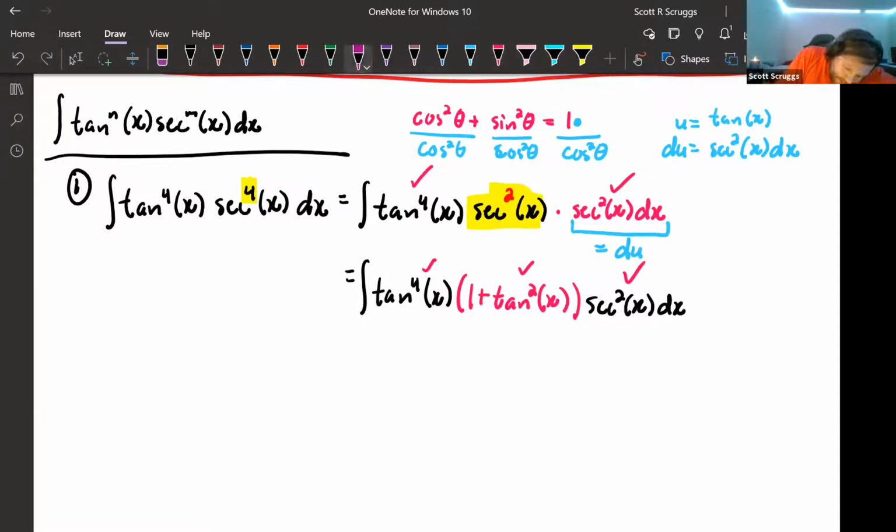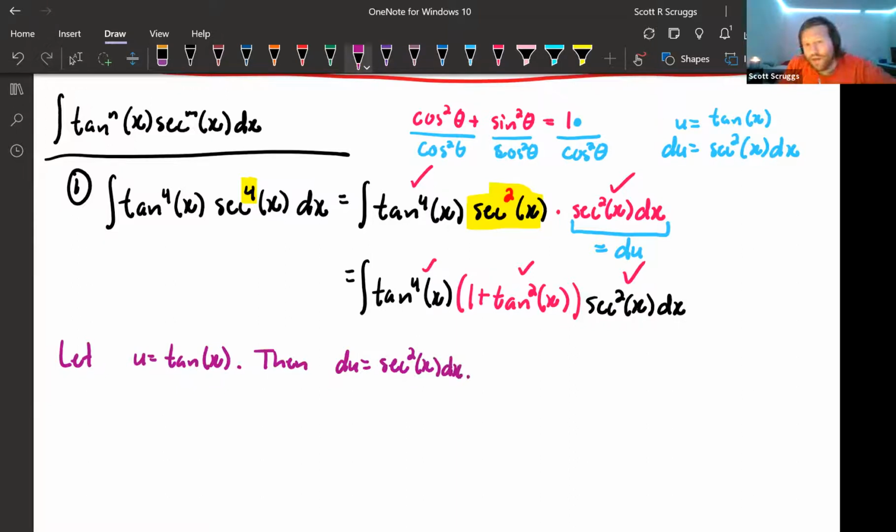So let's set that up. Let u be tangent. Then du is secant squared of x dx. I'm all good to go, so I'm ready for the u sub.